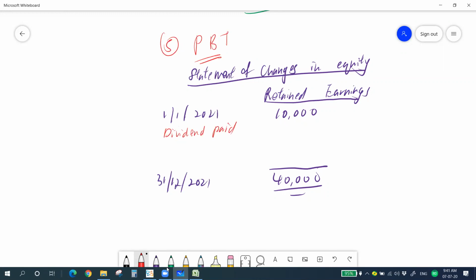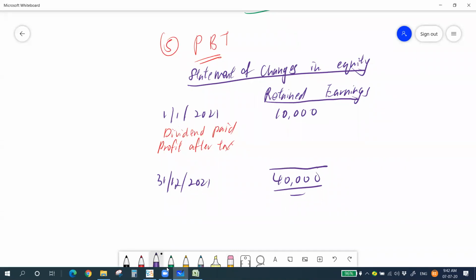We will have profit after tax, and we may have transfer. All right. These three are the possible transactions in your retained earnings. But in this question, we know that there is no transfer, right? So we can exclude transfer. So we only have two items, dividend paid and profit after tax.